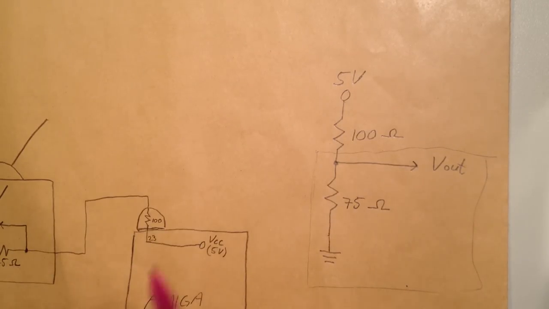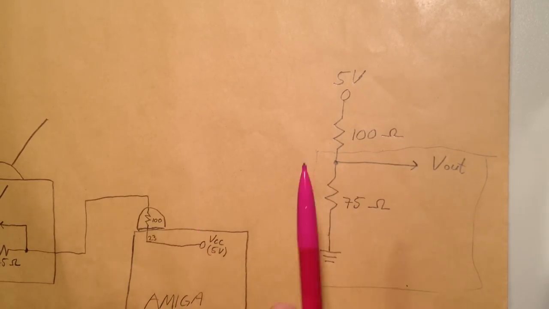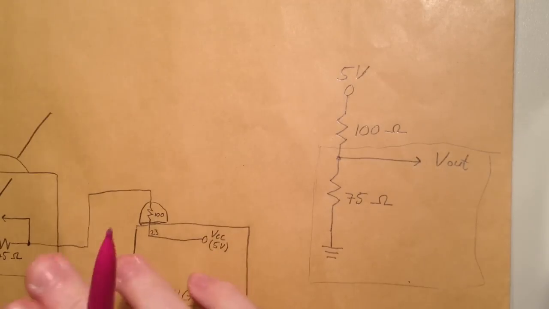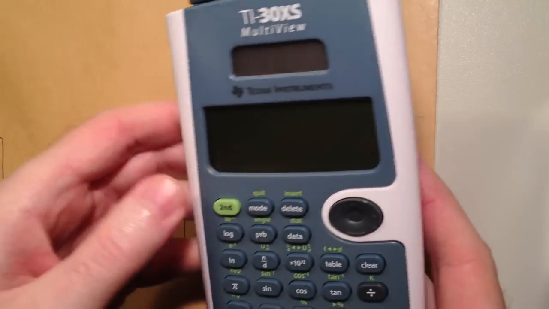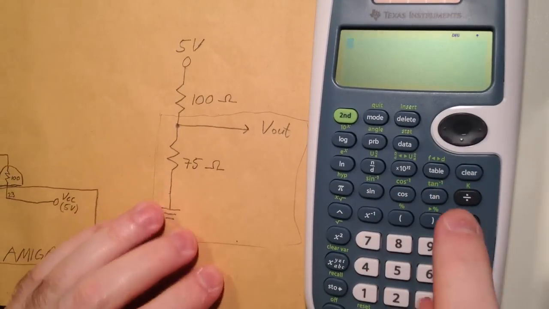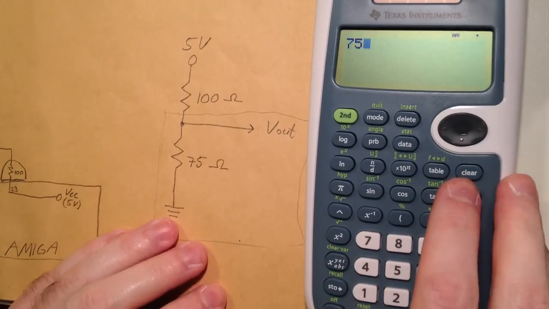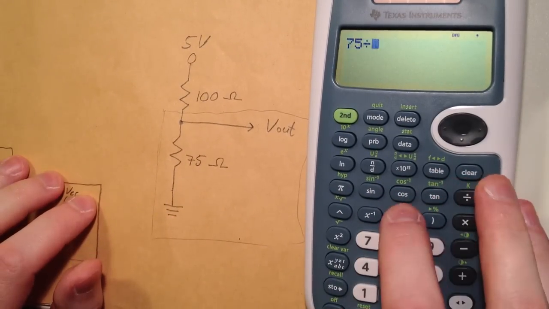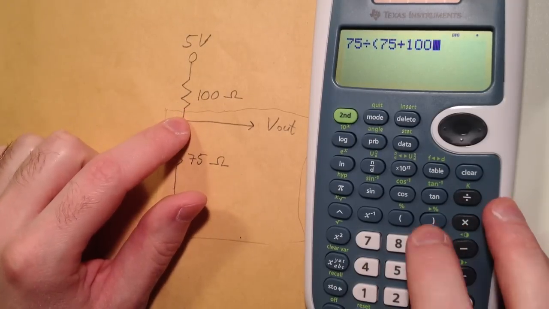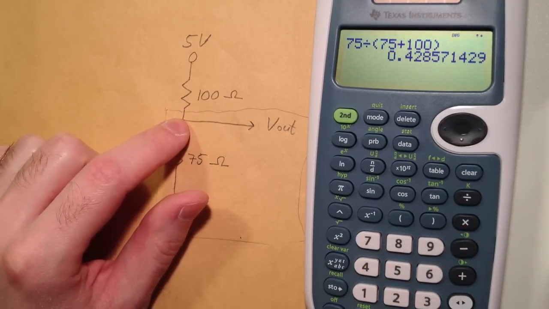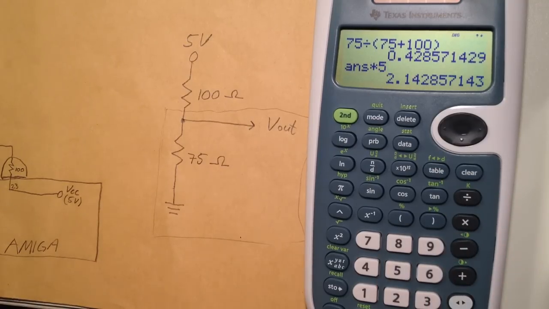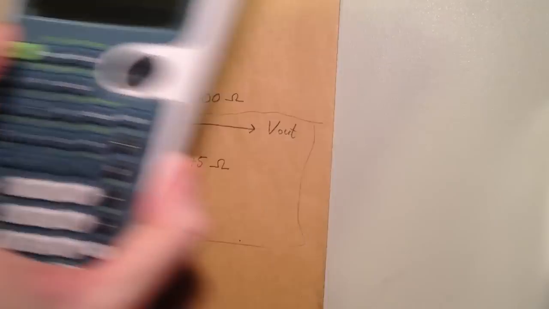So this part is inside the TV like this, and 100 ohms is a pretty good value to put in the cable here, because we can do the calculations kind of easily. If we have 75 ohms inside the TV divided by 75 plus 100, and we close that bracket, we get 0.42, and then times 5 volts, and that will be 2.14 volts.